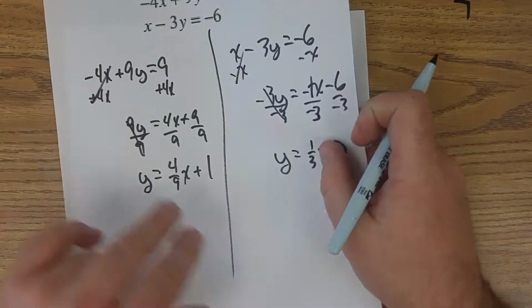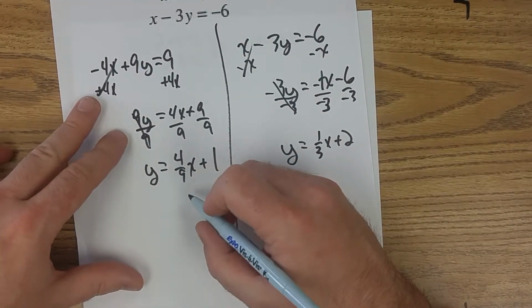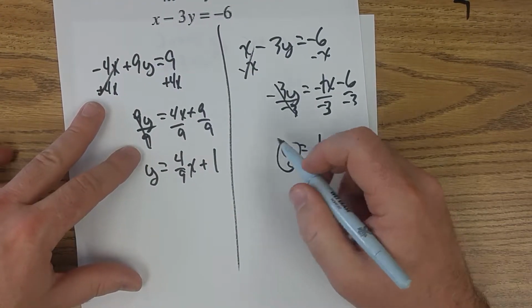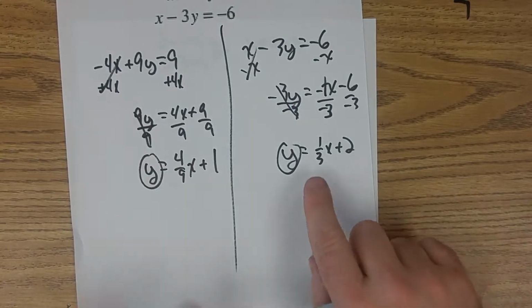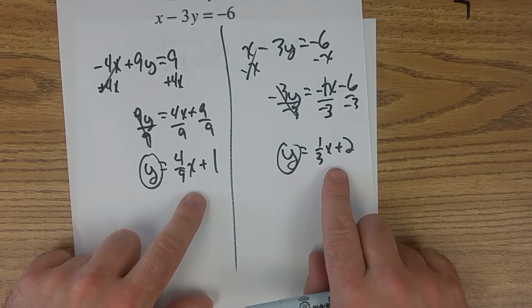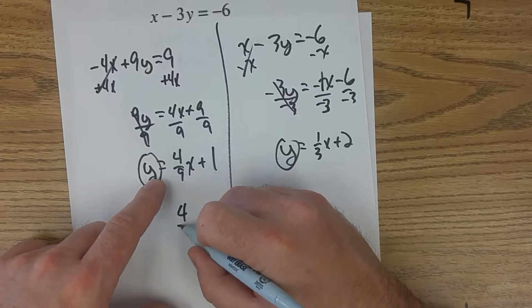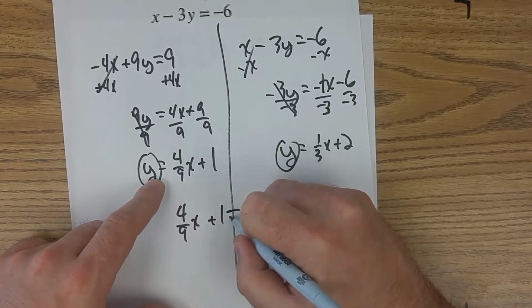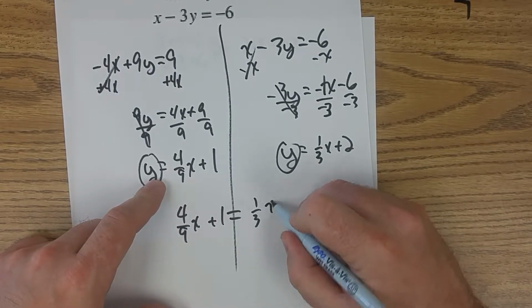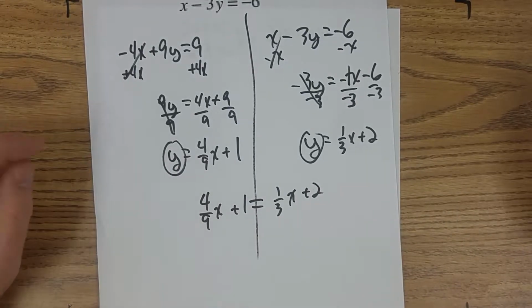If we go back to our equations, since these are both equal to y, we can set these two parts equal to each other. So 4/9 x plus 1 is equal to 1/3 x plus 2.